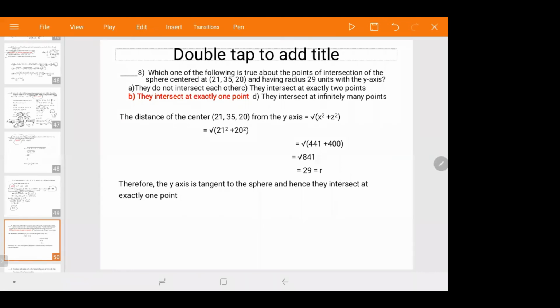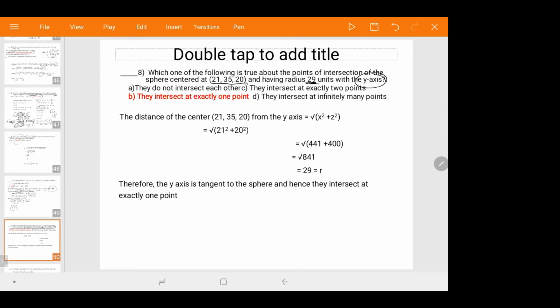A says they do not intersect each other. B, they intersect at exactly 1 point. C says they intersect at exactly 2 points. And D, they intersect at infinitely many points. Now let me repeat the question again.